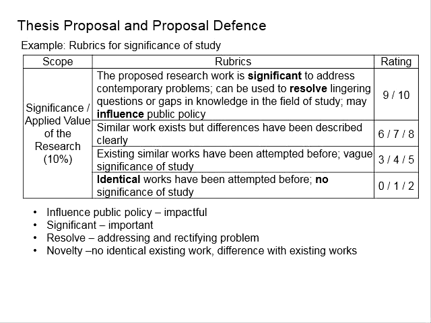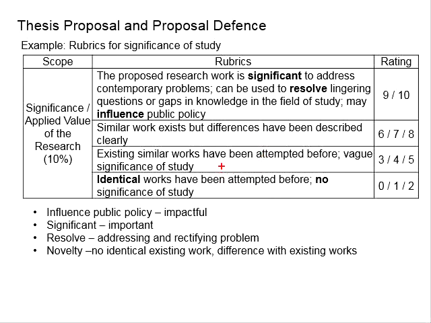Next, we look at the rubrics for the significance of study. This gives you 10%, and each rating is worth 1% of marks. Let us look into the descriptions. Identified works have been attempted before, no significance of study.